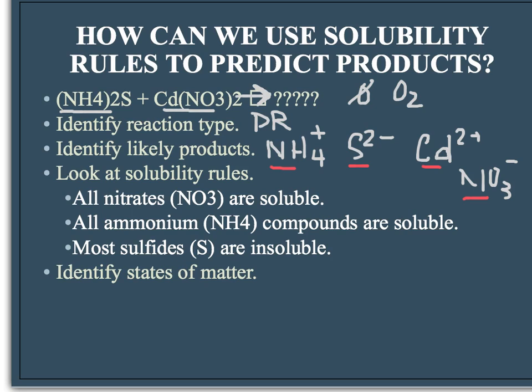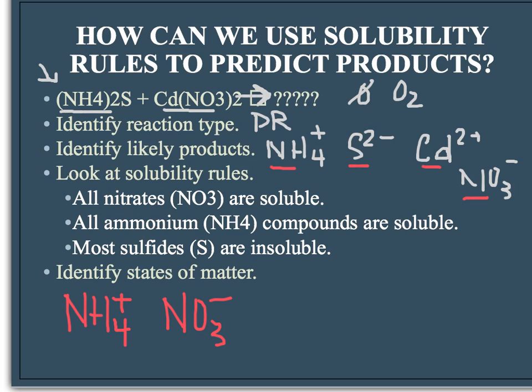So if we started with ammonium and sulfide bound together, then those are not going to be in the products because they're already there as a reactant. So then we're going to combine the positive ammonium ion with the other negative, which is nitrate.